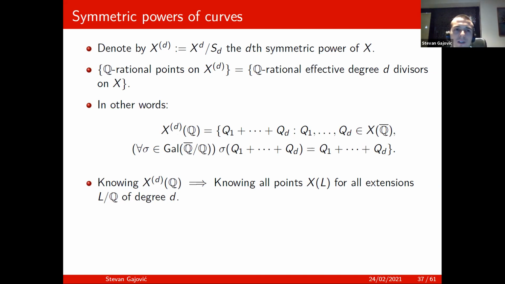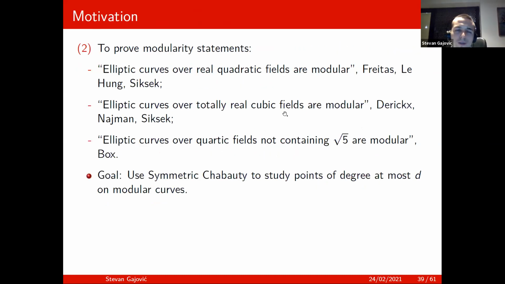And this is why symmetric powers of curves are so important. For example, we use them to extend Mazur's theorem to number fields that are not Q. There is also another motivation: we can use them to prove modularity statements, extending the modularity results of Wiles and other mathematicians from Q. Freitas, Le Hung, and Siksek used information on quadratic points on certain curves to prove that elliptic curves over real quadratic fields are modular.